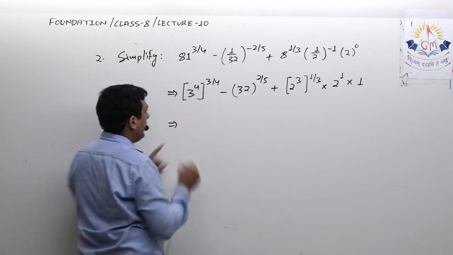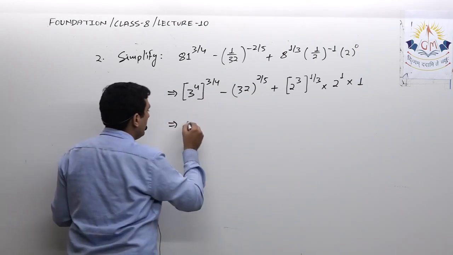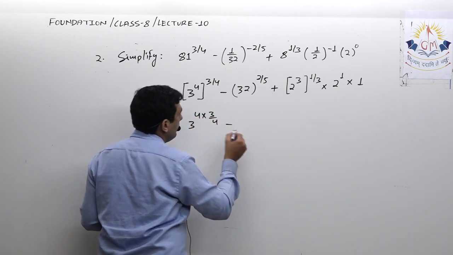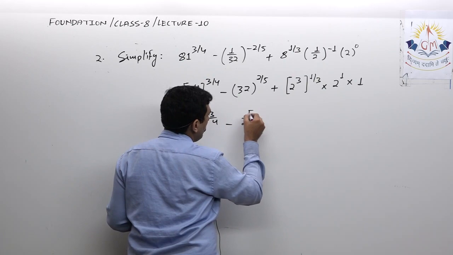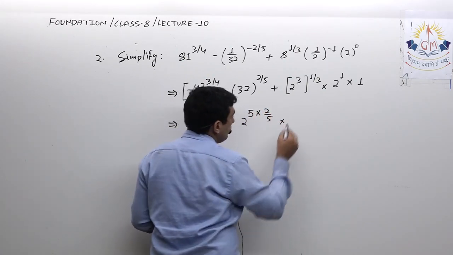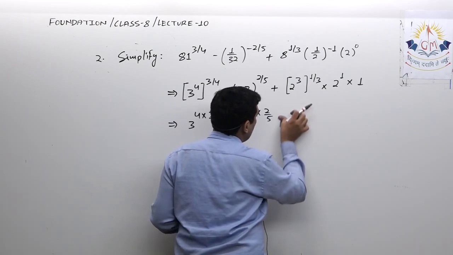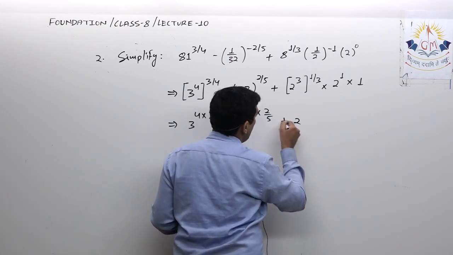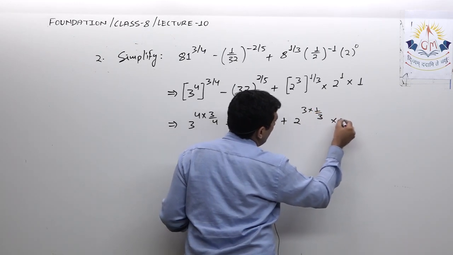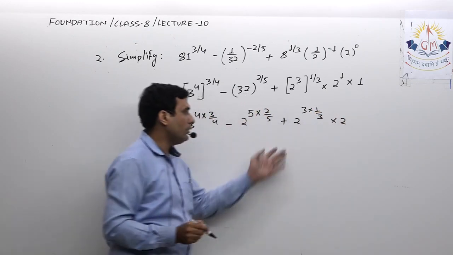Now here if I apply the power to power law, then this will become 3 raised to 4 into 3 upon 4 minus 2 raised to 5 into 2 upon 5, plus 2 raised to 3 into 1 upon 3 into 2, into 1, so this remains as it is.